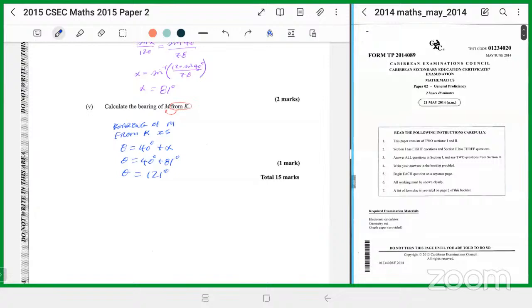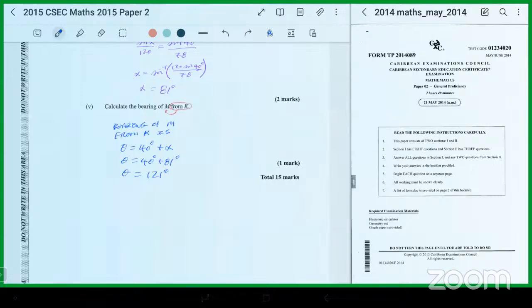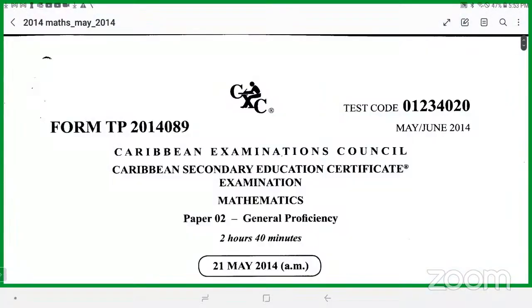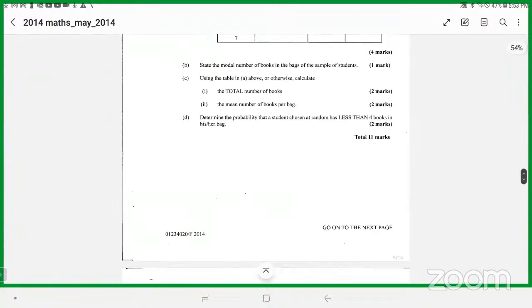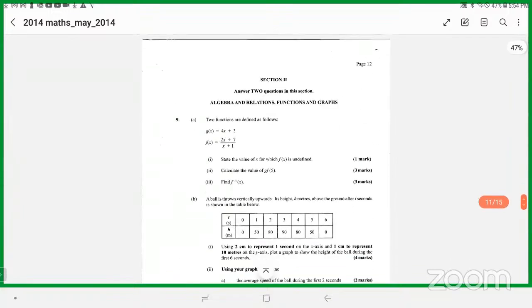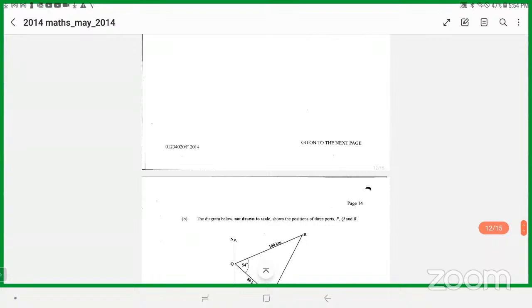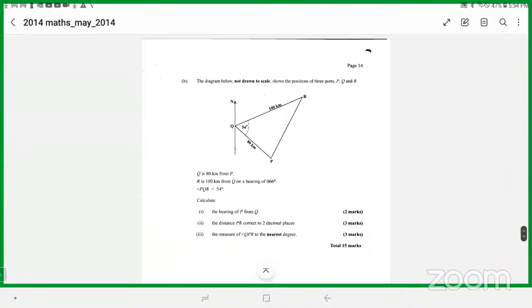I think we're gonna need a page to write on. I don't think we can write on the paper itself. Yep, that's correct. I need a writing space. All right, there you go. Let's split the screen.